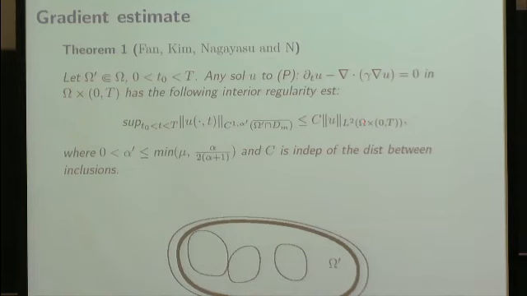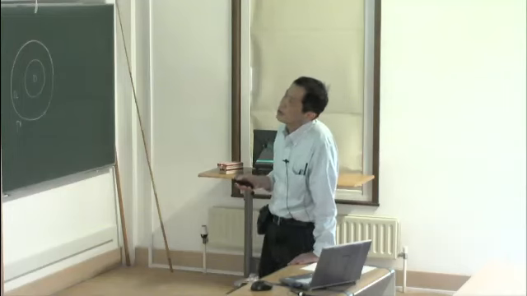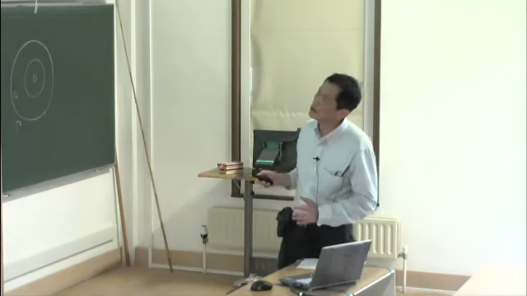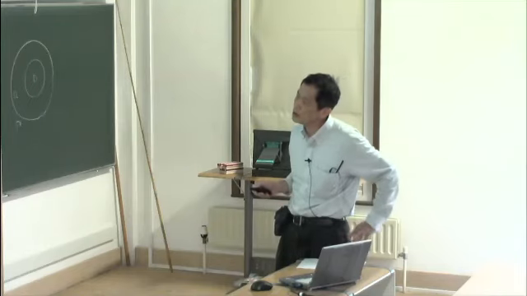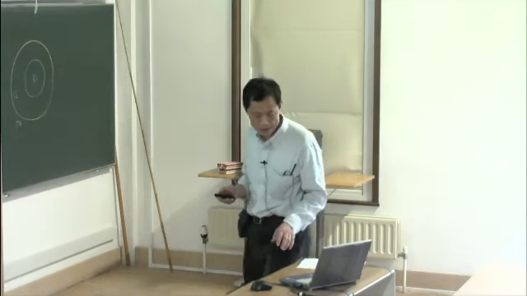We have C^{1,alpha prime} regularity with respect to the space variable, and this can be estimated in terms of the L2 norm of the solution u. What is important here is that this constant C is independent of the distance between the inclusions. So this estimate still holds even if these inclusions are touching.